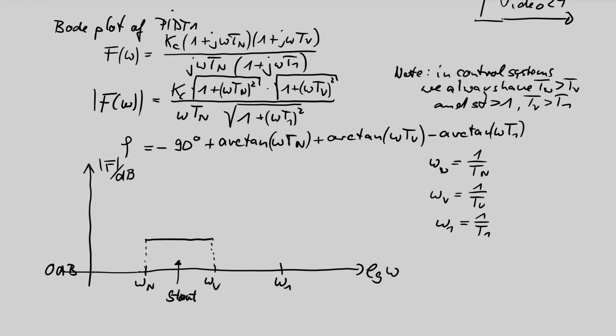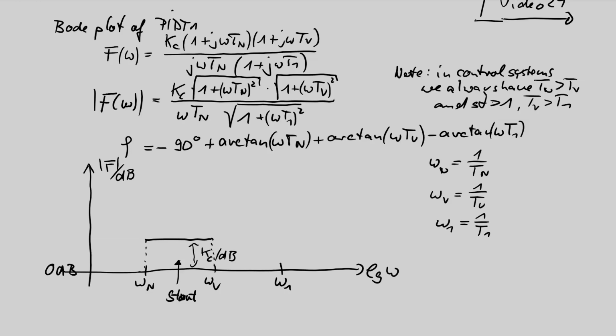The distance to the 0 dB line is nothing else than Kc in dB. So Kc should be known, converted into a dB value, and this gives the distance to the 0 dB value. If Kc is larger than 1, we are over the 0 dB line. If Kc is smaller than 1, we are at the bottom of the 0 dB line.